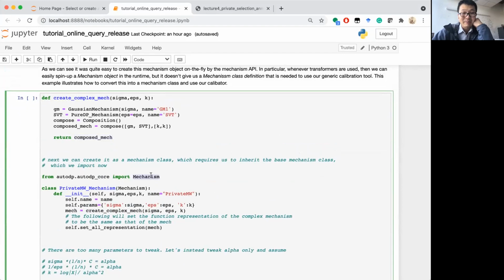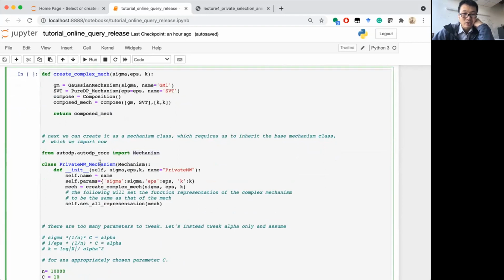So we import this mechanism class. We inherit this mechanism class and create a new mechanism class, right? And then all we have to do is define a constructor of this new mechanism class by calling this create mechanism. What this does is take the parameters, parse them, and save them as part of the parameter dictionary in this mechanism, and then you call this create complex mechanism to create the new mechanism.